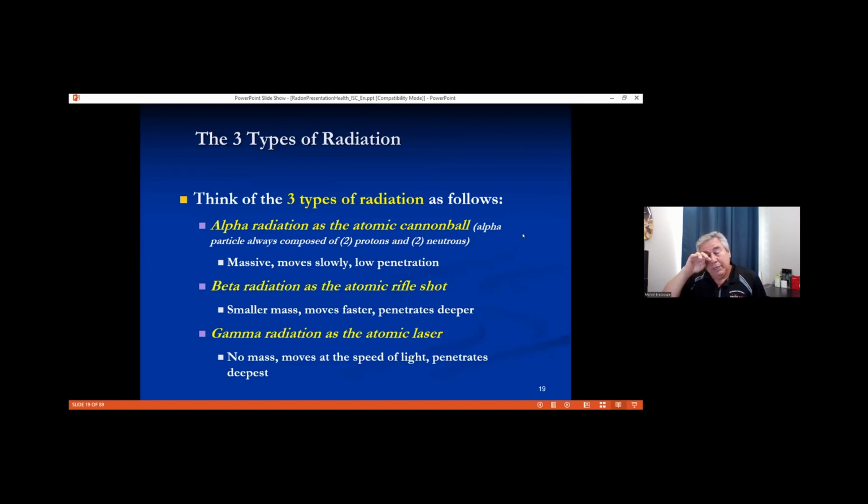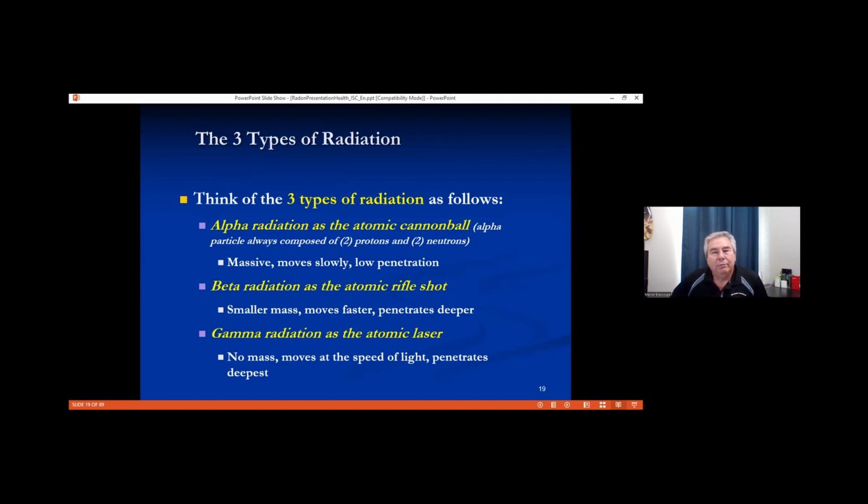When we talk about radiation, essentially in our case here, we're going to talk about three types of radiation. We're going to talk about alpha radiation, or that alpha particle, and we can consider that as an atomic cannonball. That alpha particle is always composed of 2 protons and 2 neutrons. It's big, it's heavy, it doesn't go very far, low penetration.